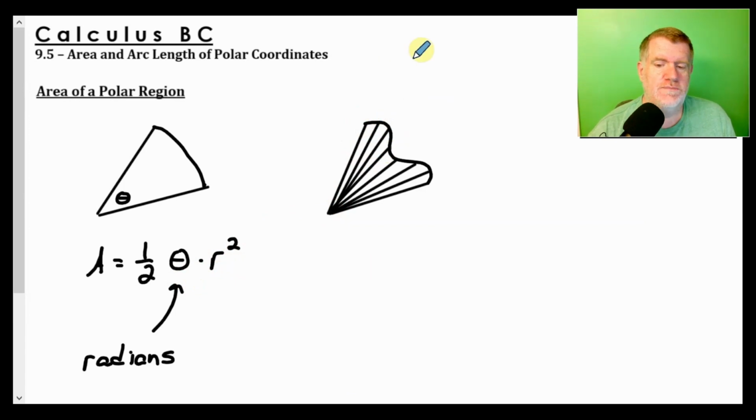So what we're going to do is call each of these changes of the vectors delta theta, the change in the angle. And how long is the distance from here to any point? Well, it's the r value of the function. So the area of a sector would be, we want to add up a whole bunch of sectors.